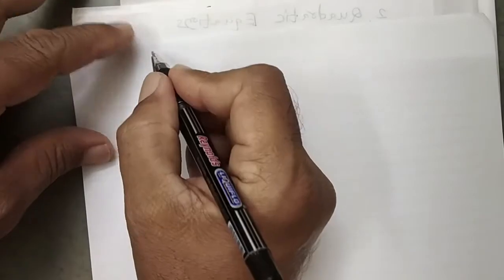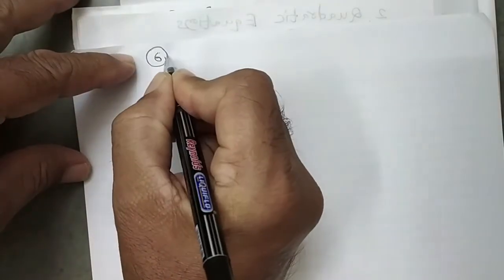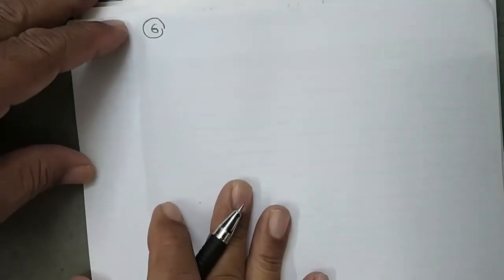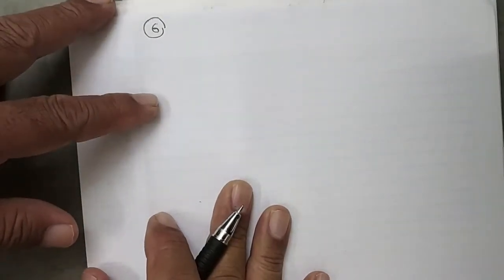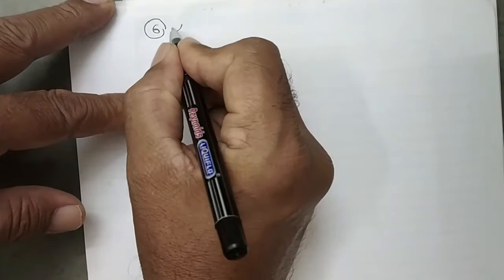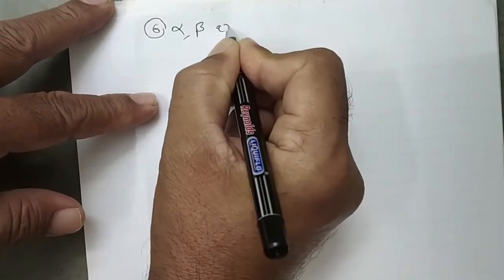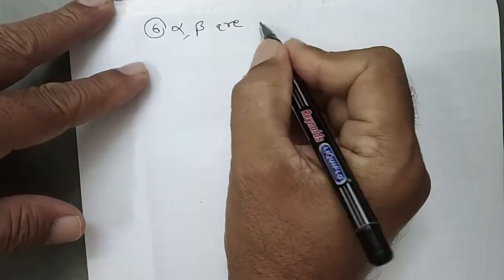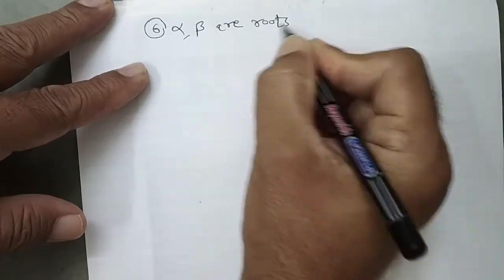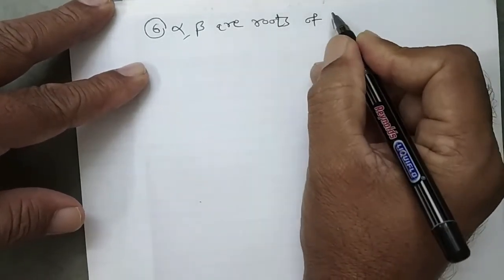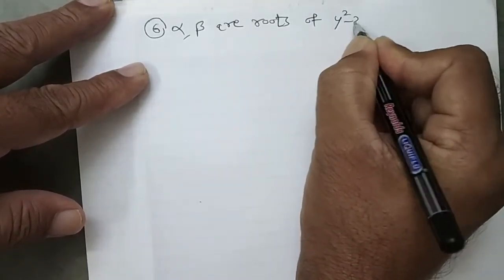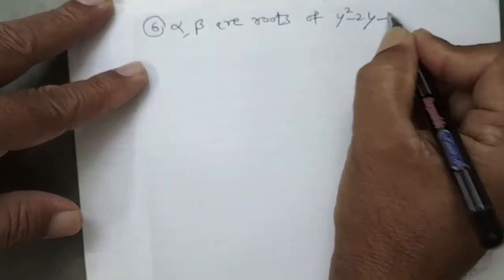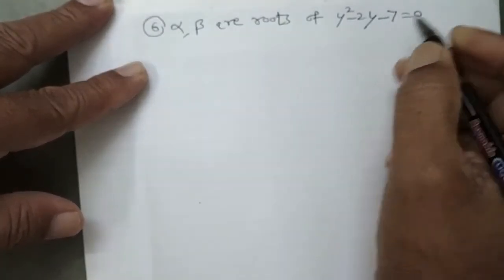Now question number 6. Alpha and beta are the roots of y square minus 2y minus 7 equal to 0.